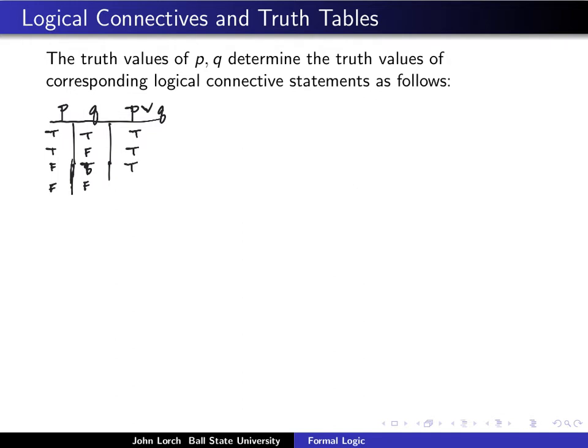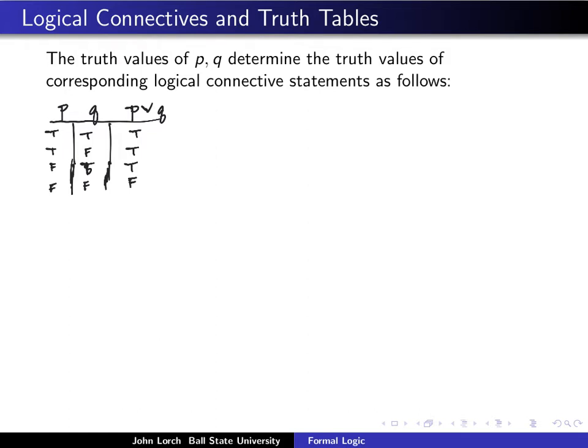In fact, the only way P or Q can be a false statement is if neither P nor Q is true. So that happens here. So P or Q is a statement that wants to be true almost all the time, right? There's just one instance where it's false, and that's when both P and Q are false.